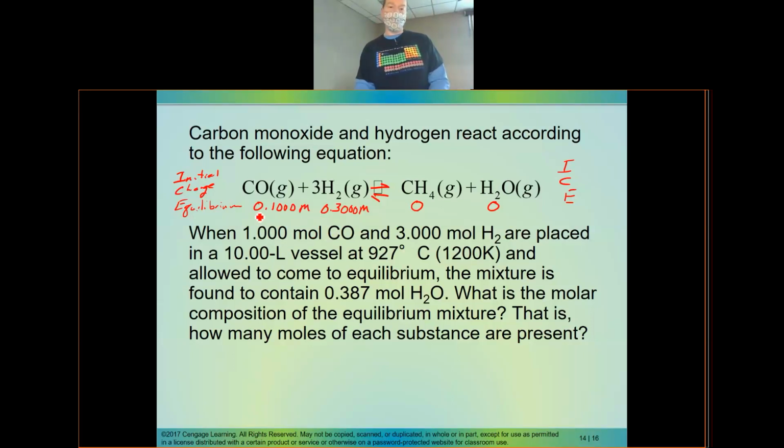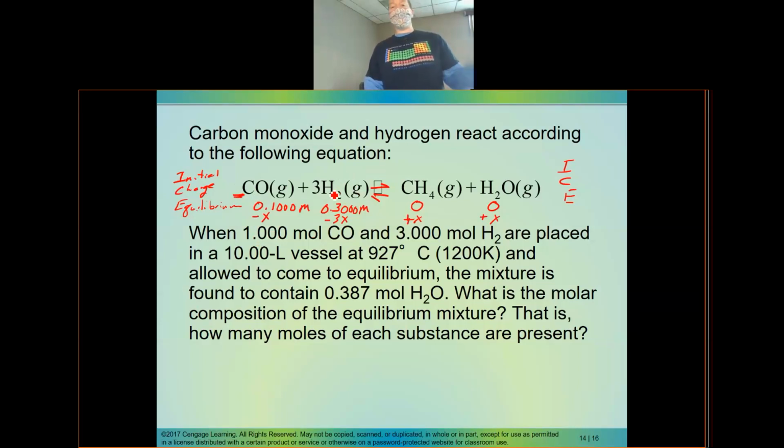And you have to use stoichiometry. If it's going to the right, we know we're going to lose some amount, x, and we're using coefficients. H2 is going to lose 3x because that is the coefficient. Our CH4 is going to gain an amount that we are going to call x, and H2O also is going to gain an amount x. So our concentration of CO is going to go down by minus x.